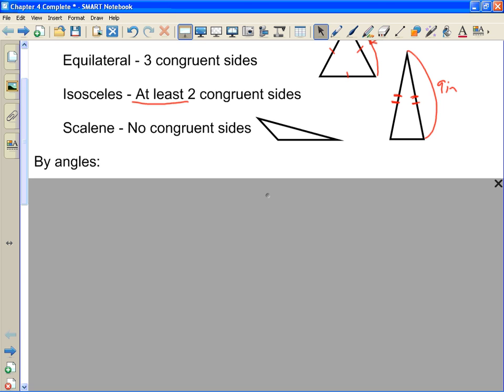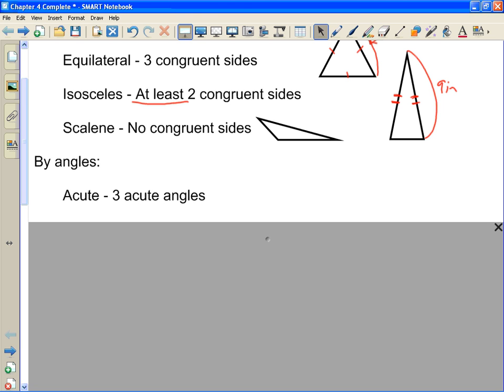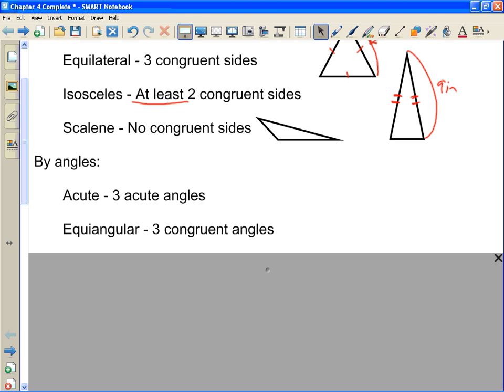If we classify them according to angles, we could have an acute triangle. So that means we have 3 acute angles. Something like that. Okay, all my angles are less than 90. We could have equiangular.